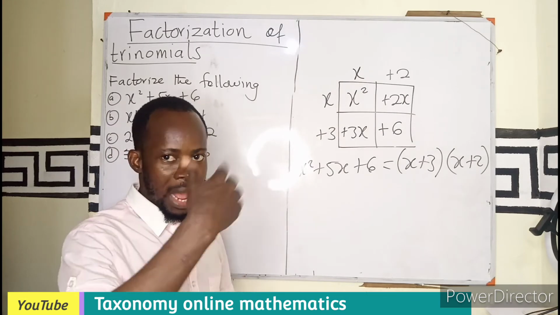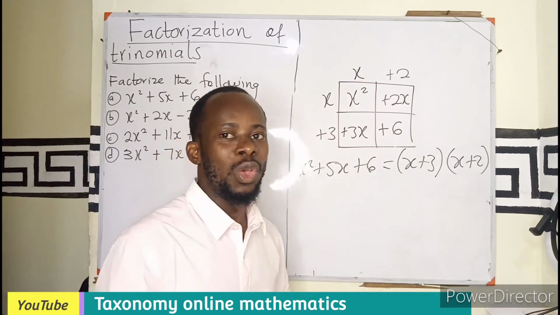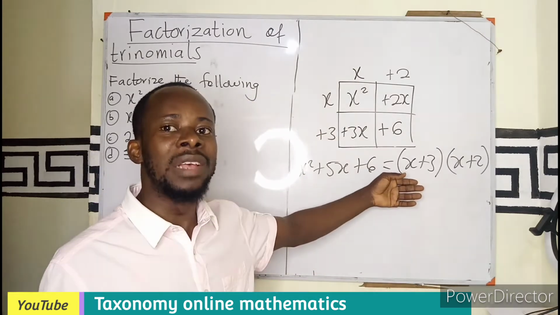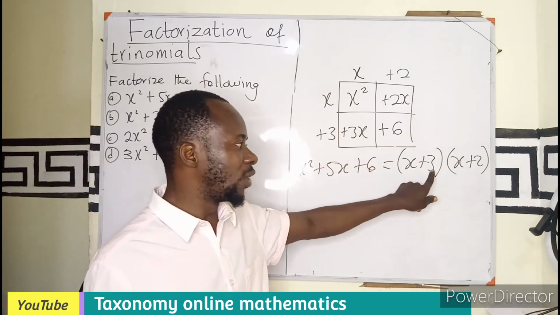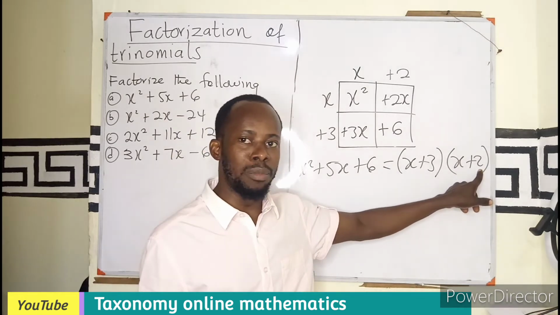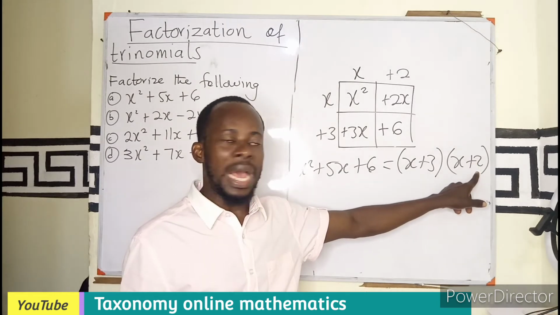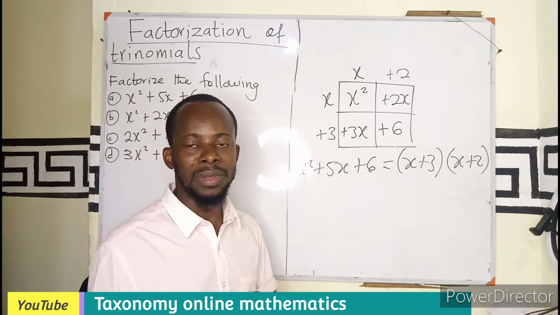I know there are other methods of getting the answer, but I want to get the answer without solving through any other method. So this will just be your answer. From the explanation I gave in the beginning, you can see that this will be our P and this will be our Q. P times Q, meaning multiplication, I get my 6. P plus Q, I get my 5.